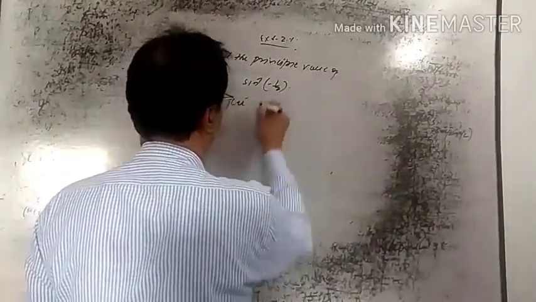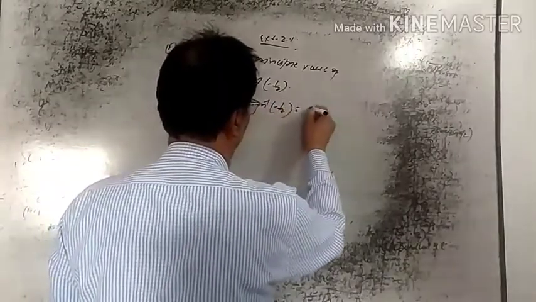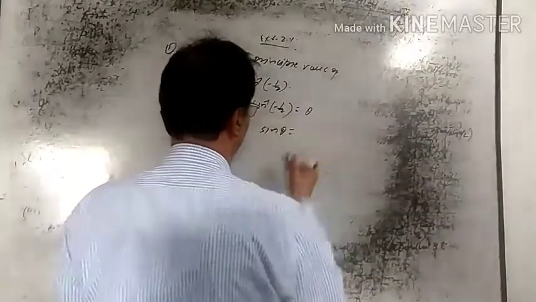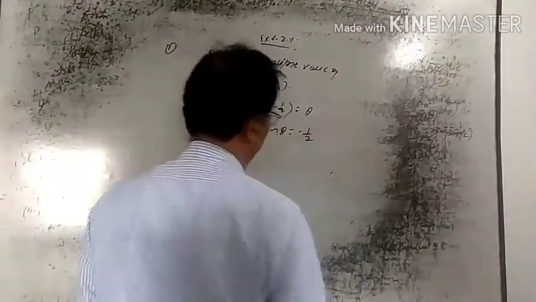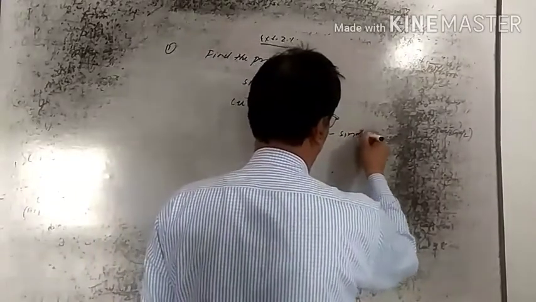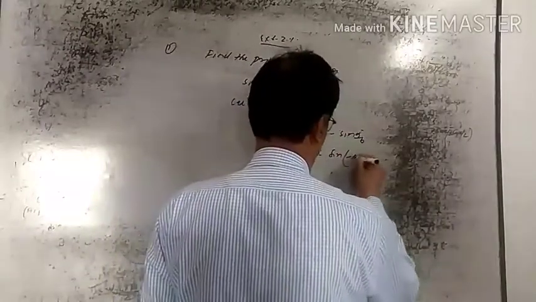Let sin inverse -1 by 2 be equal to theta. Sin theta is equal to -1 by 2, and this is equal to minus sin pi by 6. This is equal to sin minus pi by 6.